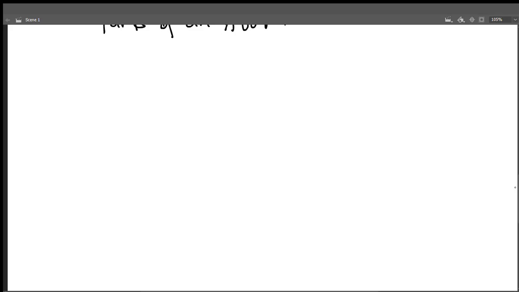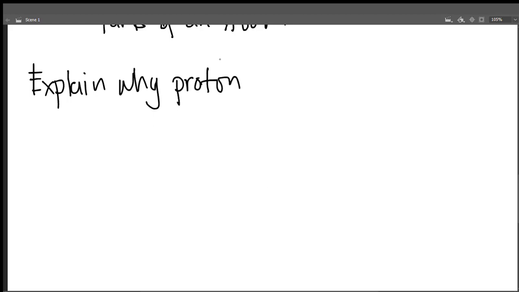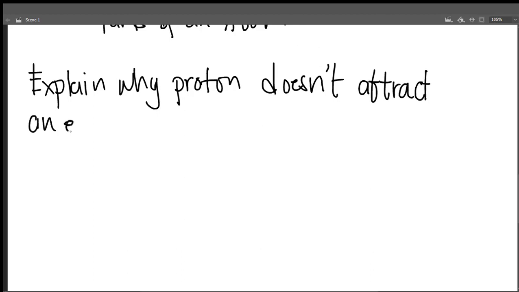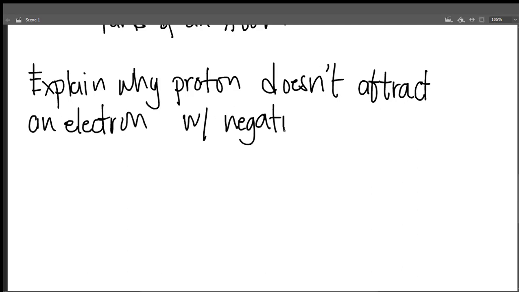Okay, so my first question: how do we explain why proton with a positive charge does not attract electron with a negative charge right into the nucleus?